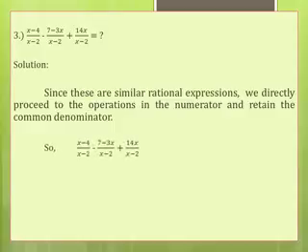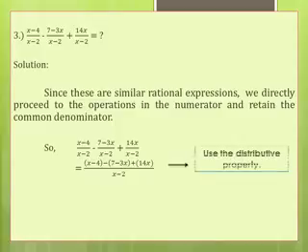So, it will become x minus 4 minus the quantity of 7 minus 3x plus 14x all over x minus 2. And we use the distributive property.